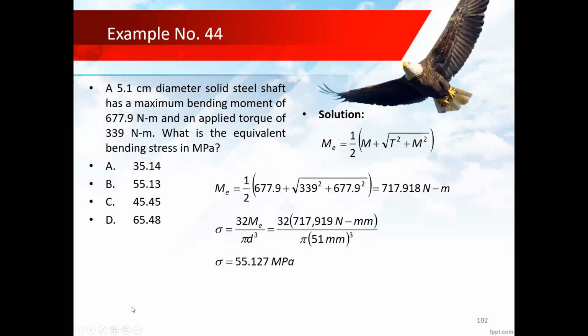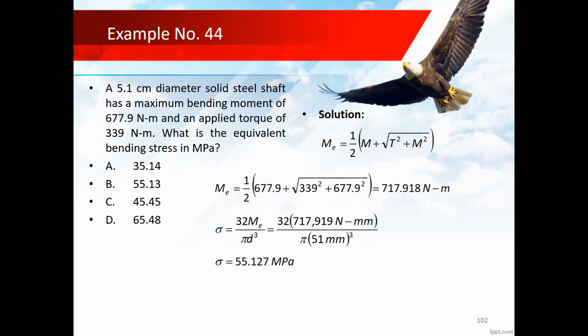So example number 44. A 5.1 centimeter solid shaft has a maximum bending moment of 677.9 Newton meter and an applied torque of 399 Newton meter. What is the equivalent bending stress in megapascals? So ME is equal to 1 half of M plus the square root of T squared plus M squared, is equal to 1 half of 677.9 plus the square root of 339 squared plus 677.9 squared, is 717.918 Newton meter.